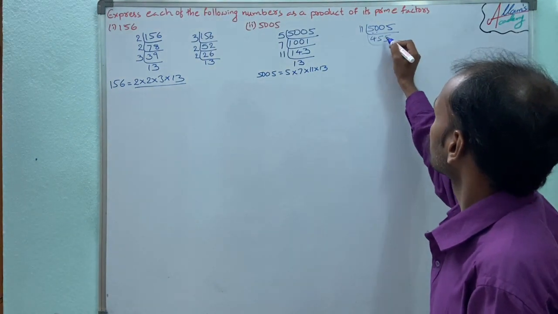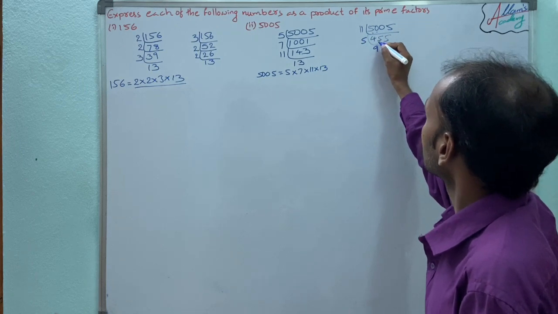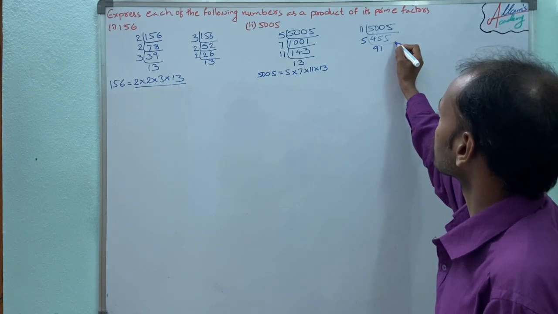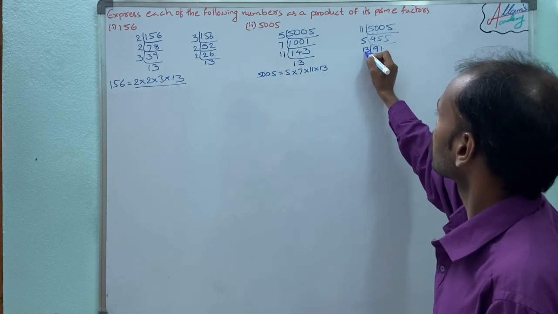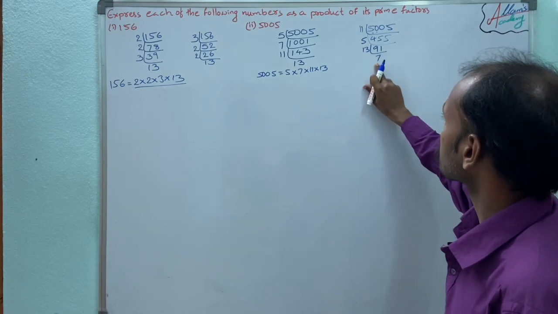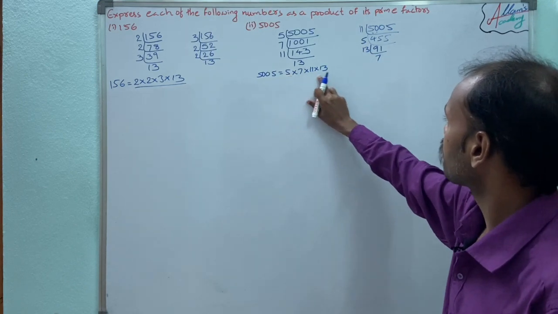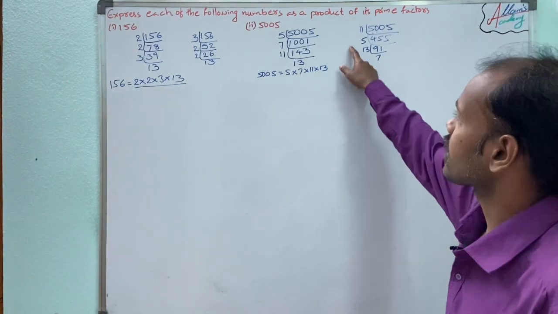Now 455 will go in the 5 table. 5 nines are 45, 5 ones are 5, so now 91 comes in the 13 table. 13 sevens are 91. So here also observe, the same prime factors came, but the order is changed.